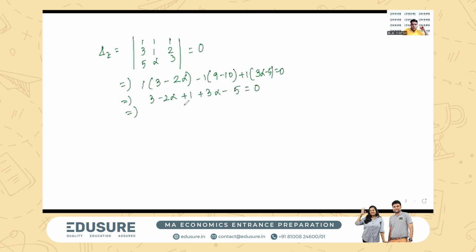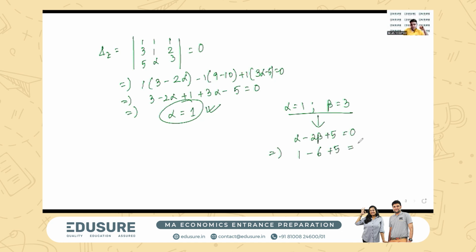Basically alpha is equal to 1. So when alpha is equal to 1, delta z is equal to 0. So alpha is equal to 1, beta is equal to 3. Put this in alpha minus 2 beta plus 5 is equal to 0. Is it satisfying? 1 minus 6 plus 5. Yes, it is equal to 0.